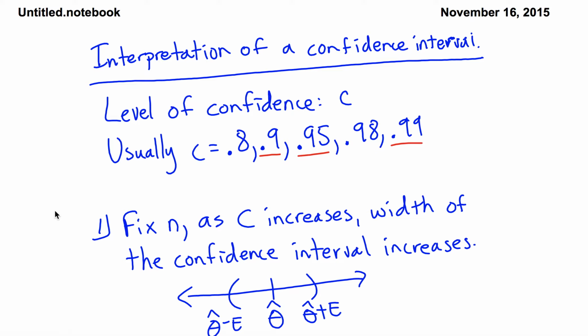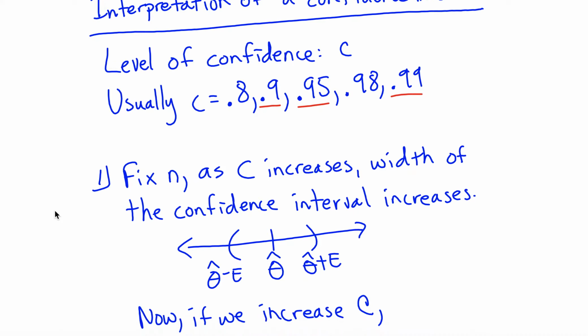So let's look a little bit at some relationships here. If we fix our sample size at a certain number, as I get more and more confident about my answer, the width of my confidence interval increases. The best way I can think of it is the ring toss game. If you have a post out here in space and you're trying to throw a ring around it, I can get really confident that I'm going to get my ring around that post if my ring is really, really big.